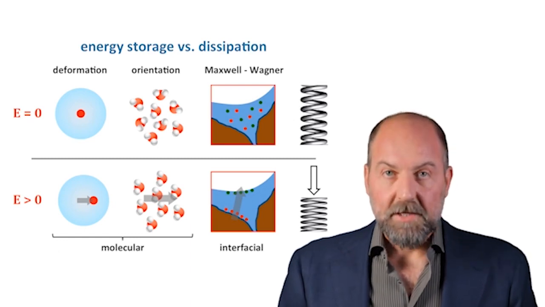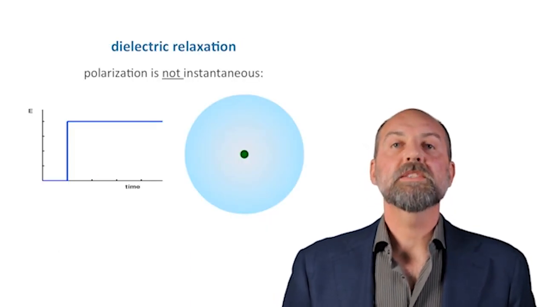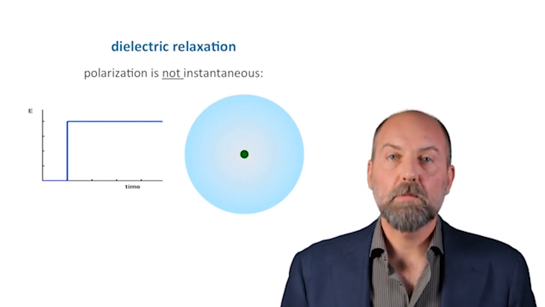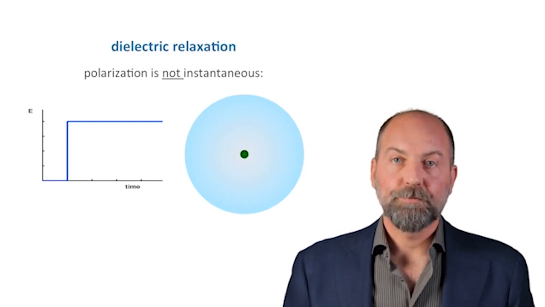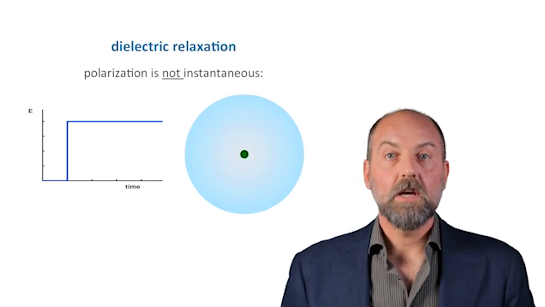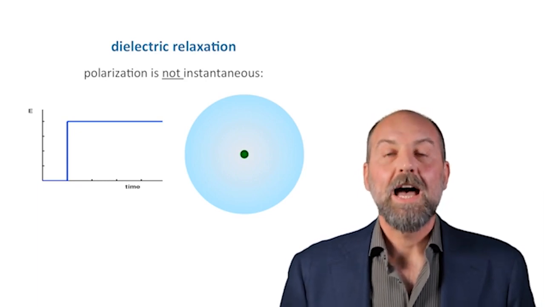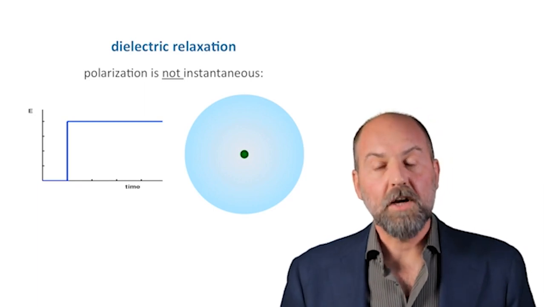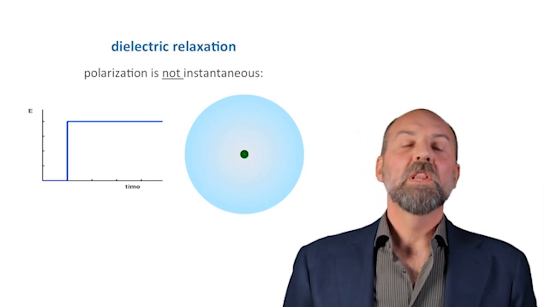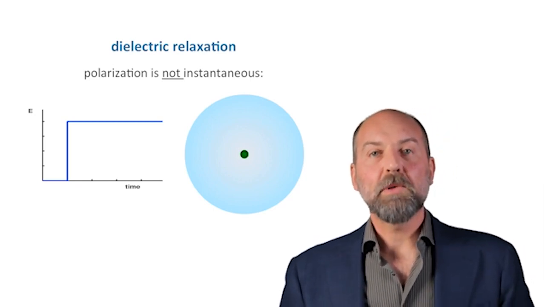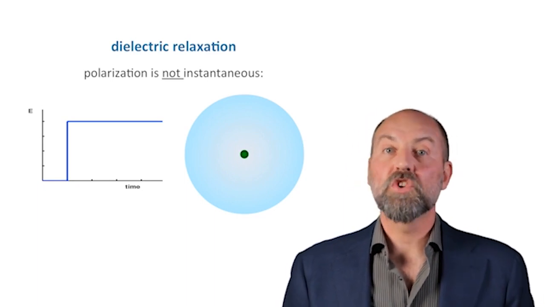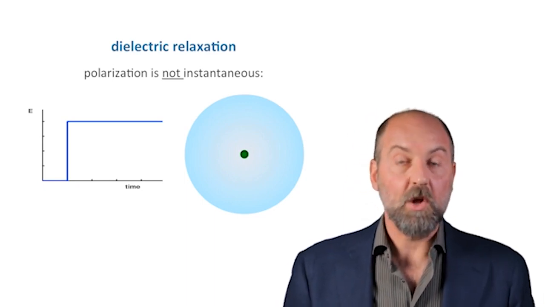Another important aspect of polarization is the fact that this phenomenon is not instantaneous. To polarize, it takes time. So it is important to understand how the polarization phenomena will look when we apply electric fields which are not constant in time, which is always the case.